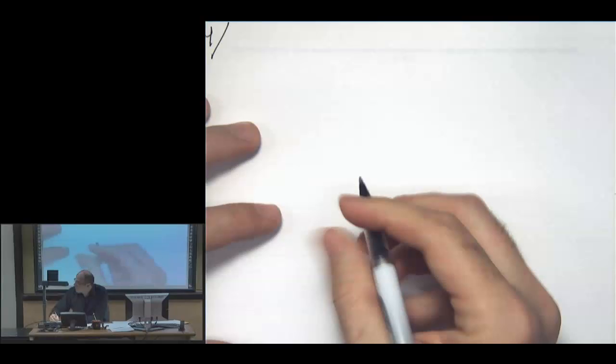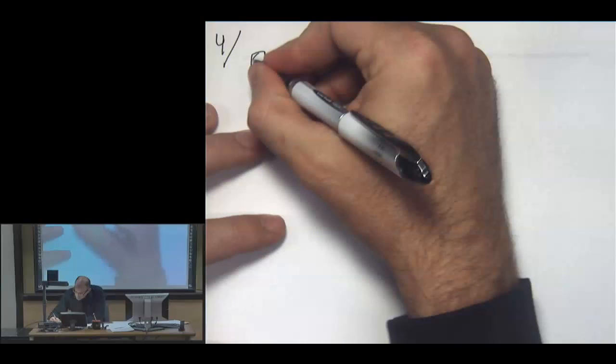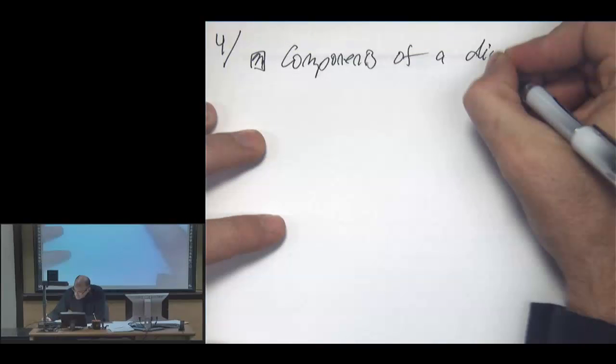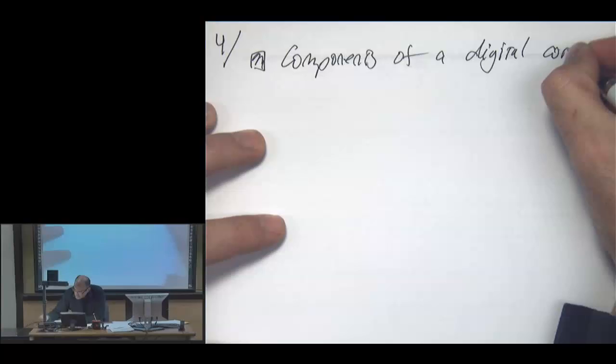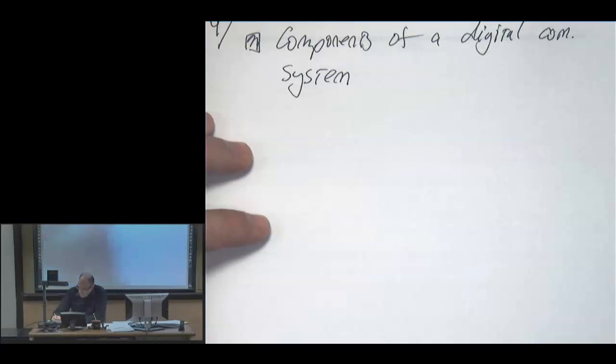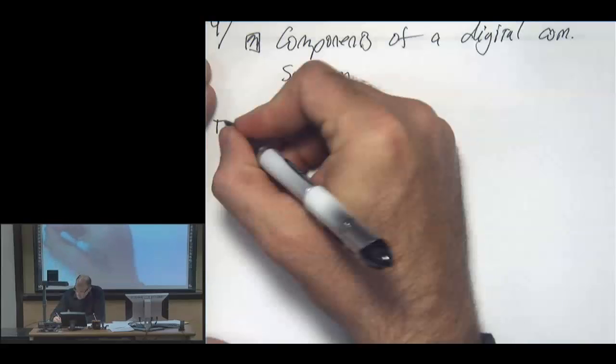All right, so this was components of a digital communication system. Okay, so we're going to start off with this block diagram that I'll proceed to explain piece by piece.